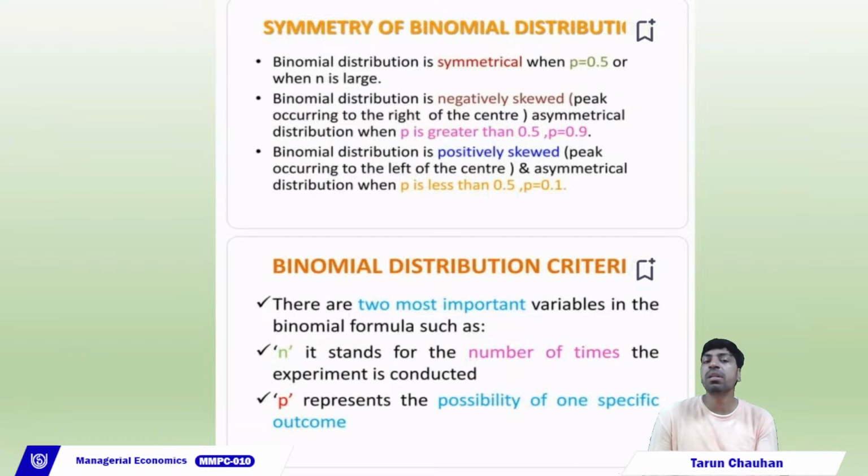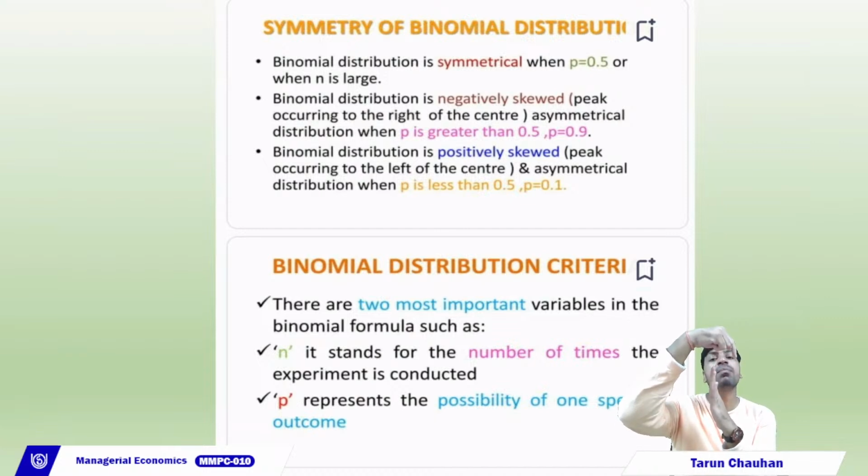So when we talk about a positively skewed binomial distribution, the peak point occurs to the left. The curve is bell shaped, and the midpoint of the curve is the peak point, the highest point. If the peak goes to the right, it is called negatively skewed, and when it goes to the left, it is called positively skewed.